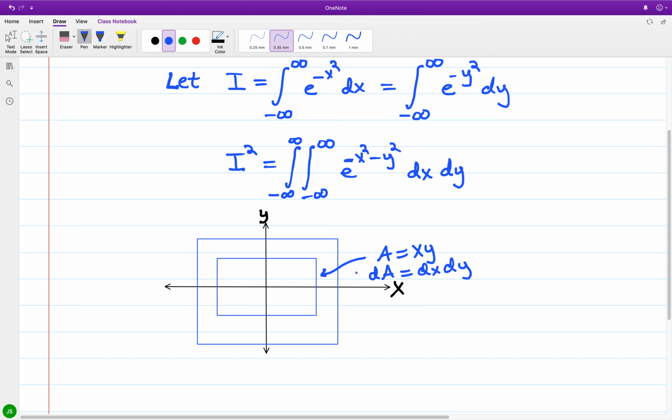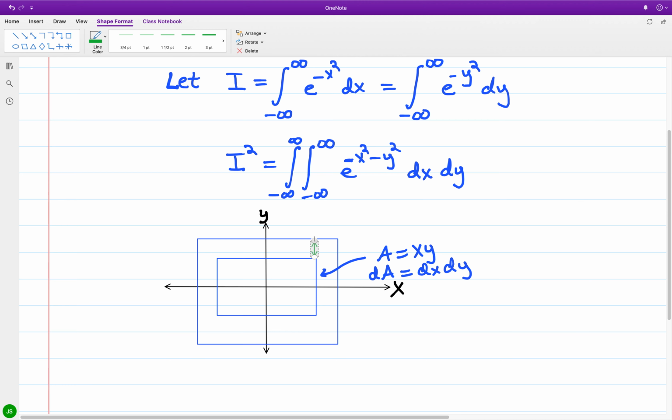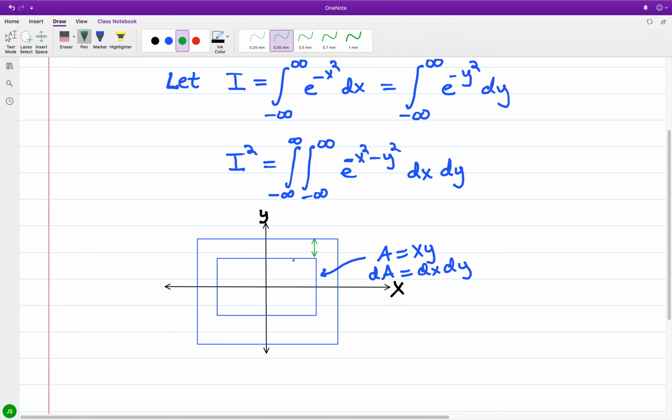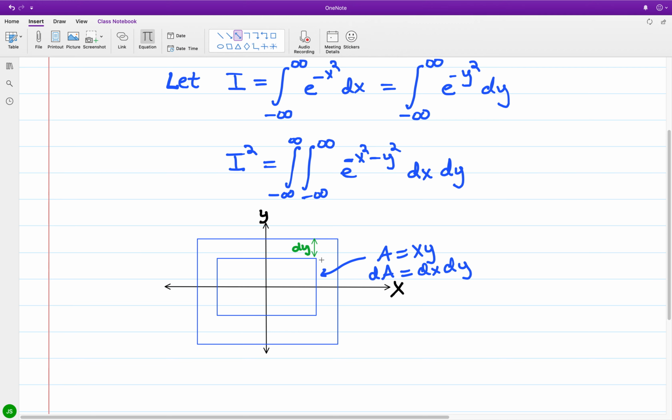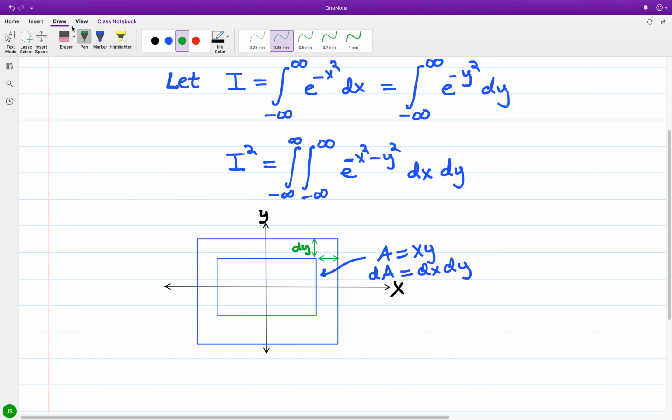Now, this is what I have in the rectangular coordinate system. So you have x expanding, y expanding.